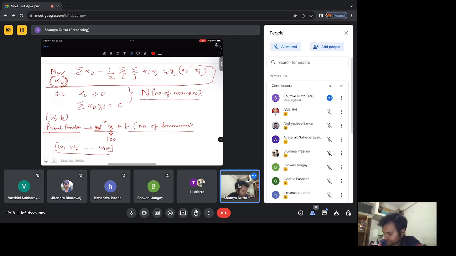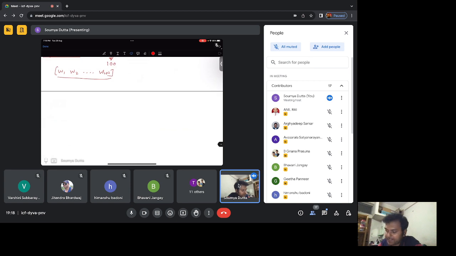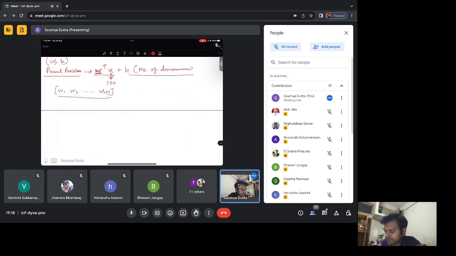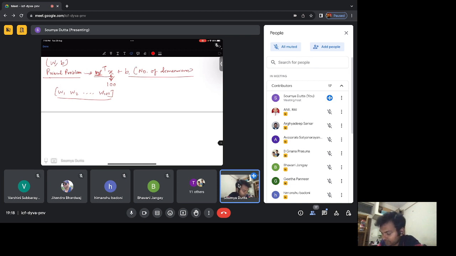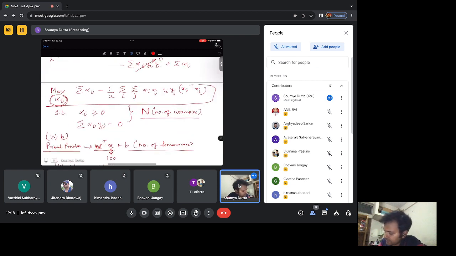Now therein comes a catch, and that is the reason why you went to all this duality. It is because of one thing only: the way xi, the training sample, comes in your formulation is in the form of xi transpose xj.